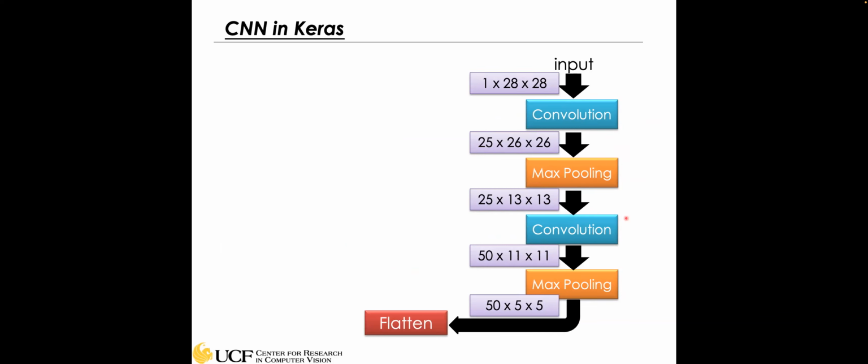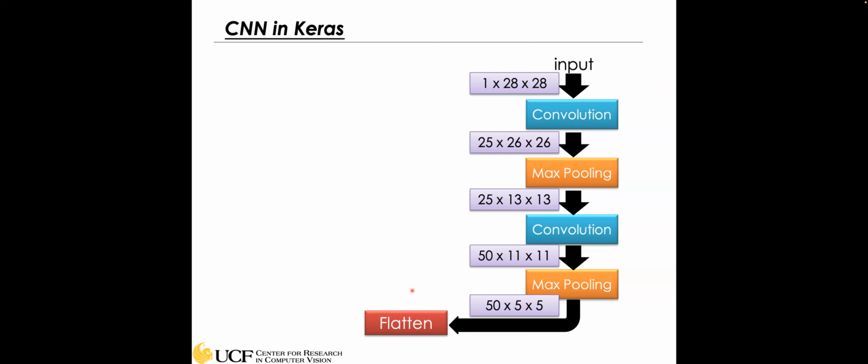So we can go on to this last max pooling. So you end up with 50 by 5 by 5. Now, what we want is to connect to a couple of fully connected layers.